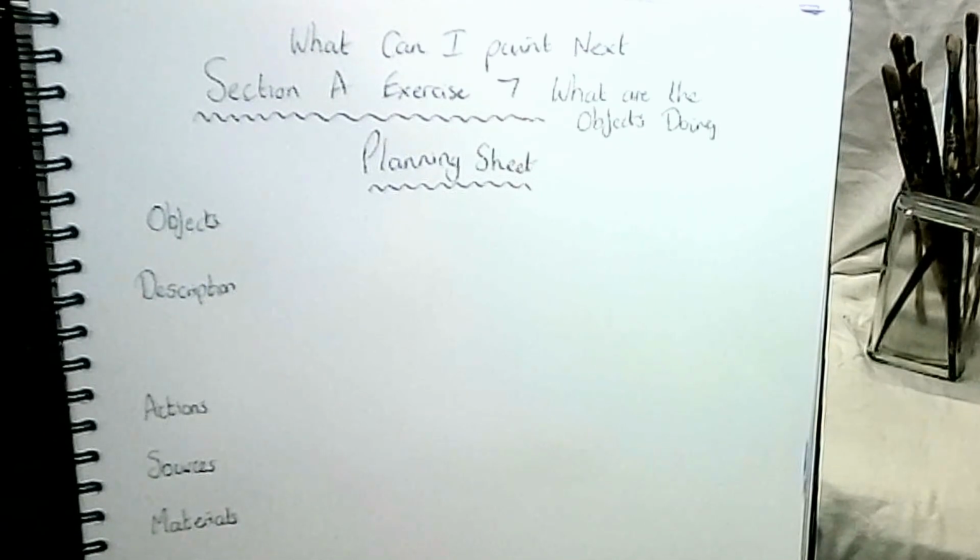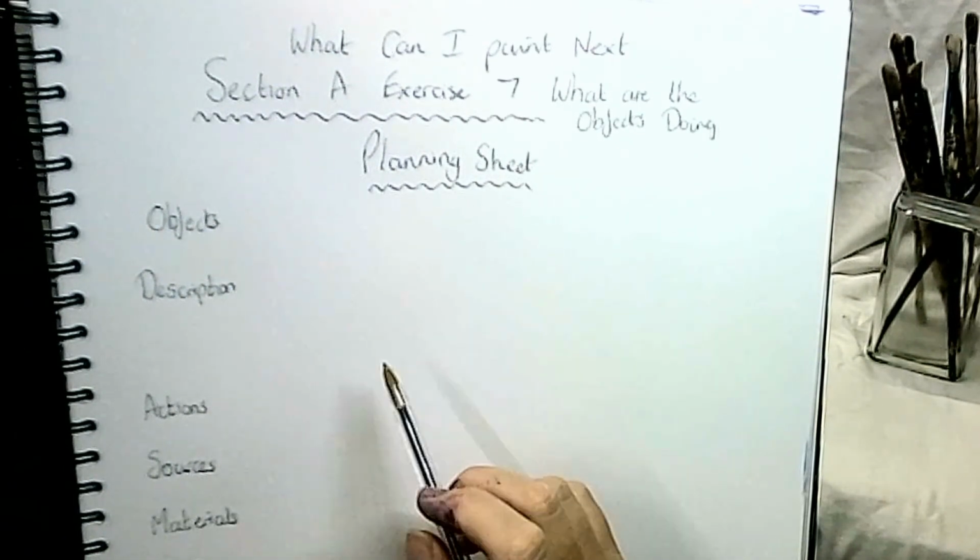They could be separated in a line, but they're interacting, they're doing something. That's the whole point of this exercise, to really start to help you think about what all the objects are doing. So we're going to start looking at that using the planning sheet.